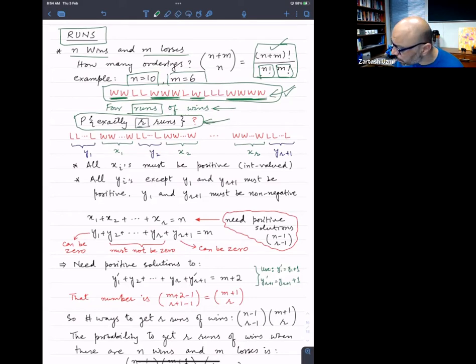The total number of arrangements is n plus m choose n. Out of all of them, a few will give you exactly R runs. So the probability of R runs would be the number of arrangements which give you R runs divided by the total number of arrangements.